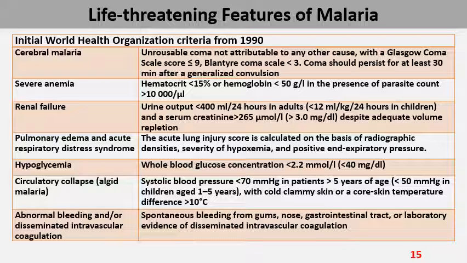anemia, which is another form of severe malaria, is defined as hematocrit of less than 15% or hemoglobin of less than 50 gram per liter in the presence of parasite count of greater than 10,000 per microliter.